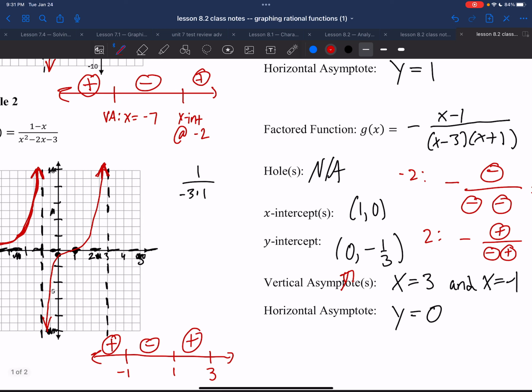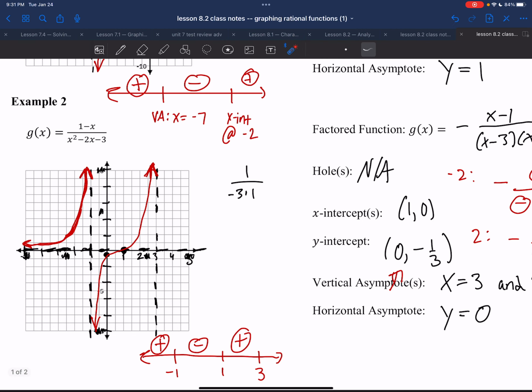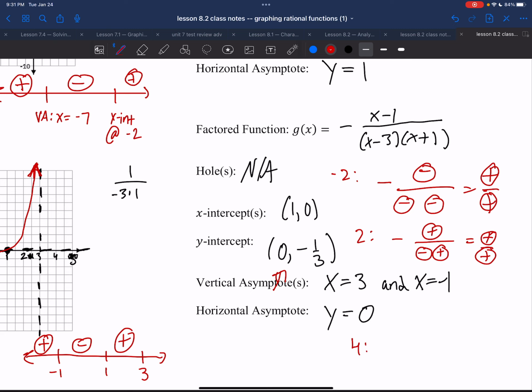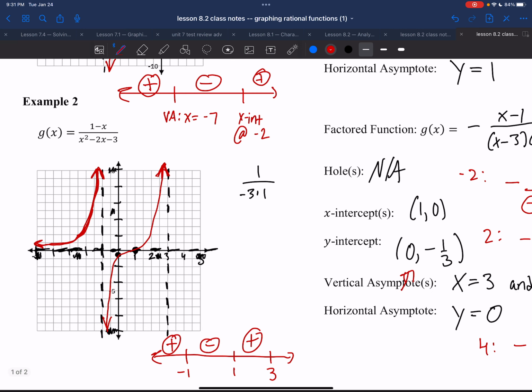Then let's test to the right of 3 because, hey, who knows? Does it look like this or does it look like this? It's going to look like one of those and follow those asymptotes. So let's try 4. I got negative and then a positive on top and then a positive on bottom, positive on bottom. So that should be negative. So it will be down here like so.